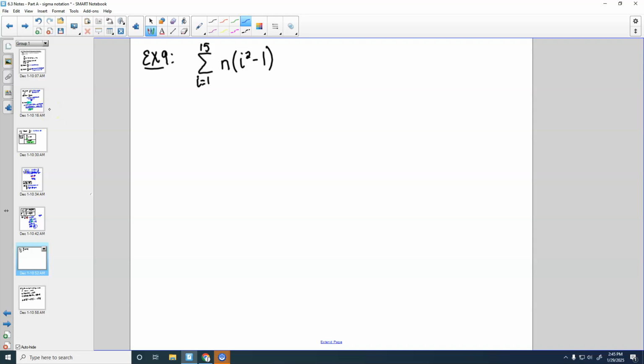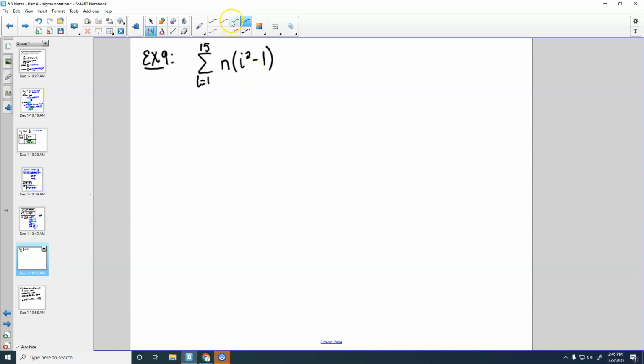another one. Okay, so for this example, this is where shortcut rules are a lot faster. I've got the sum from 1 to 15 of n times I squared minus 1. Going from 1 to 15 and having to square everything is going to take a while if you don't have a calculator.